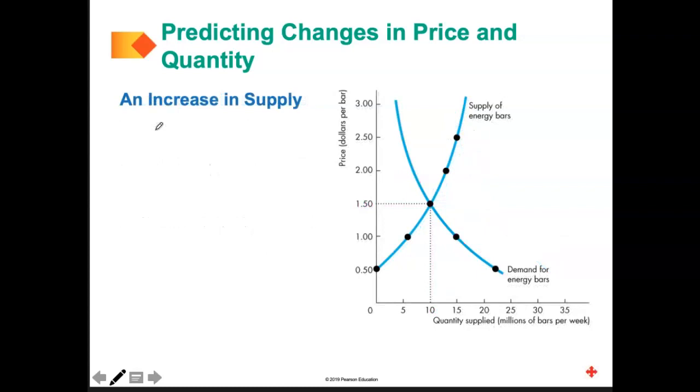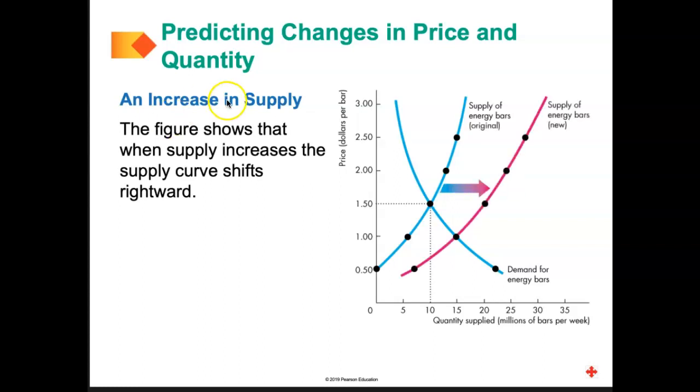And then we have an increase in supply. What direction does the supply curve shift? The supply curve will shift to the right. Again you have the old equilibrium point and a new equilibrium point, and you compare them.